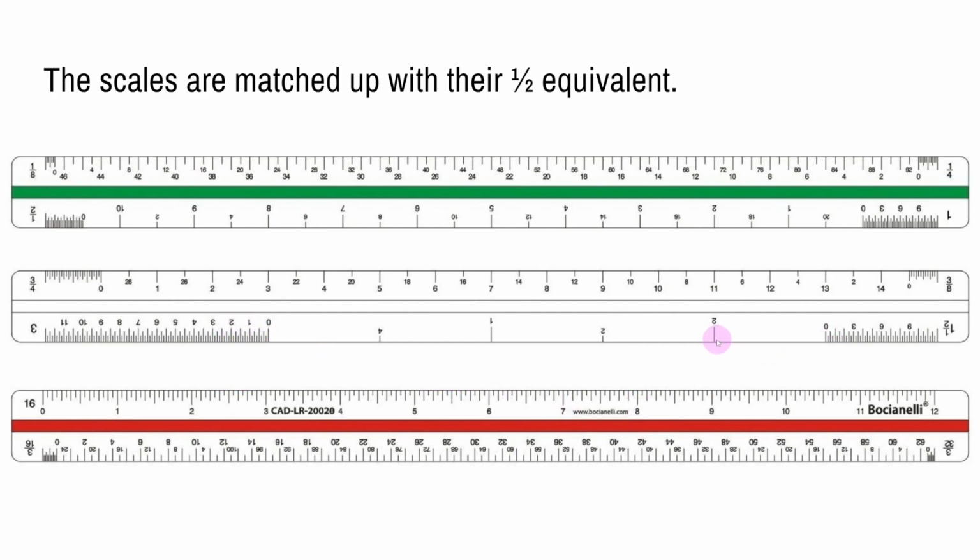But typically you're not going to be doing super large areas of your drawing in 3 inches equals a foot. This is going to be where you have detailed portions of a section to really be able to understand all the different nooks and crannies of how that skylight is installed or how the door fixture works.